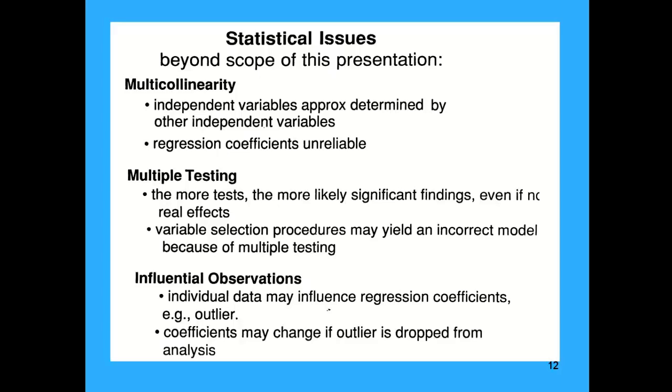Well, what can happen is that some of the variables you put in on the right side can be approximately determined by some of the other variables on the right side. So if you have variables on the right side that in some collective way are saying the same thing, you've sort of overstated your model. You shouldn't have all those variables in there. Here's the extreme way where it really can go wrong.